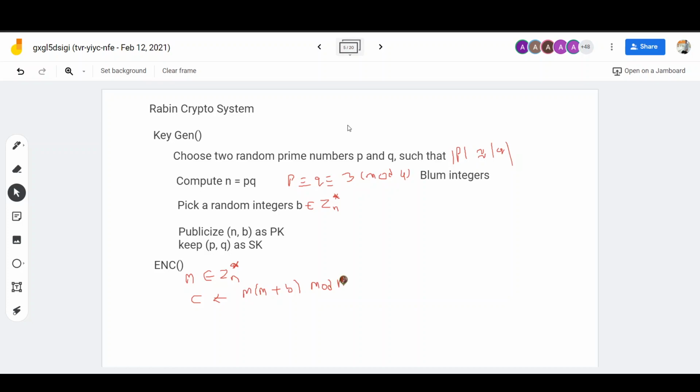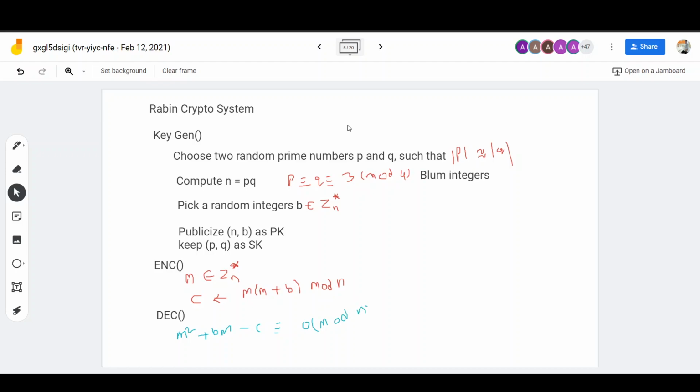This is the encryption. And for decryption, we have to perform the decryption function. In the decryption function, you have to compute m square plus bm minus c, which is congruent to 0 mod n.